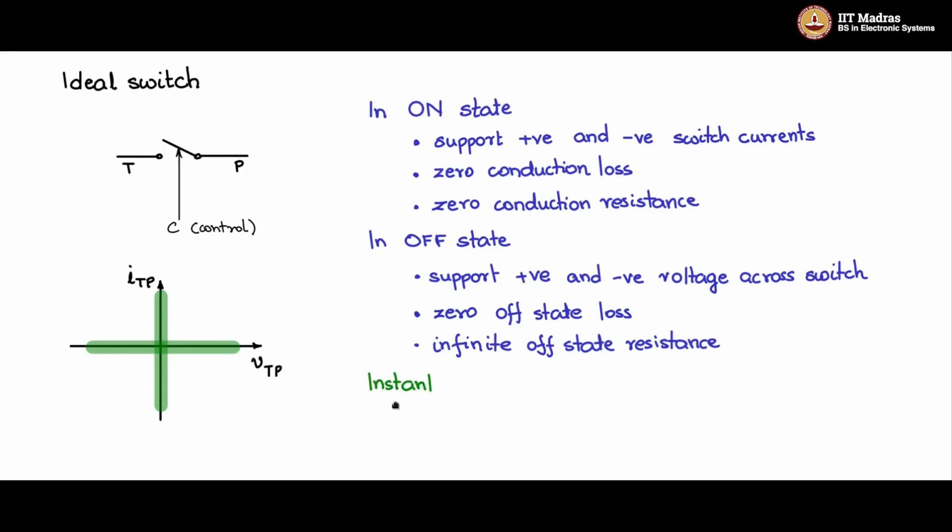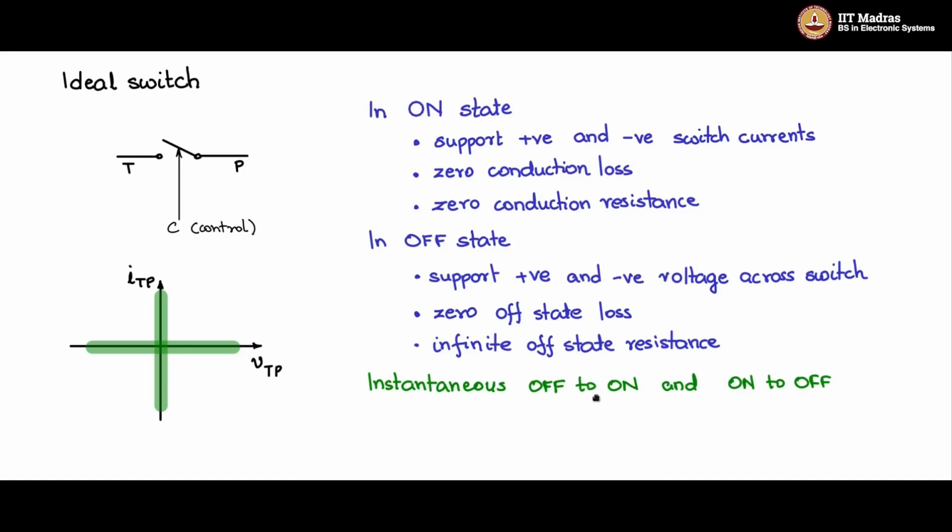Another important characteristic of an ideal switch is that switching from on state to off state to on state should be instantaneous. It should be in zero time, which is not so in a practical switch, but this is a desirable feature in an ideal switch.